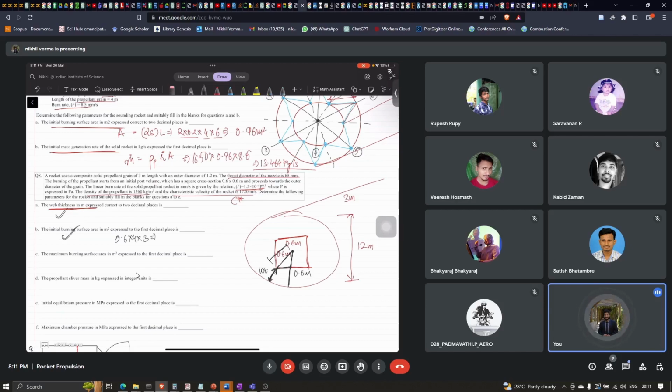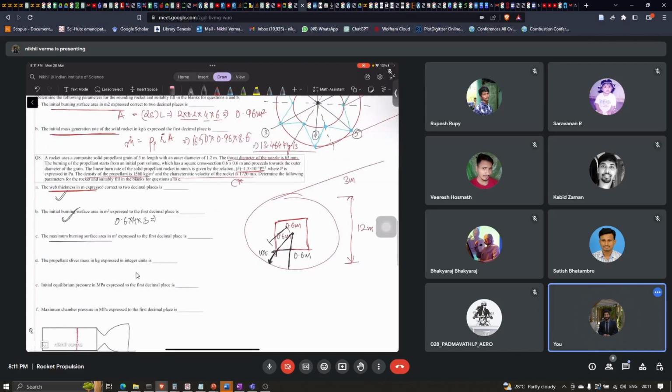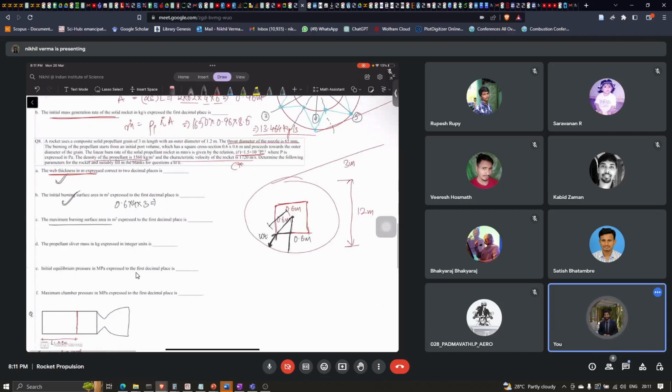Then maximum surface area, how will you calculate the maximum surface area? The maximum surface area happens when... 2 meter given, sir. Diameter given 1.2 meter. No, this is the initial surface area, so this will be 0.6 into this is the perimeter, and this 3 meters is the length.